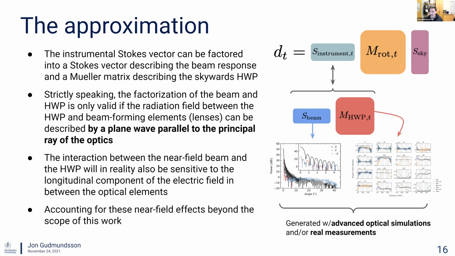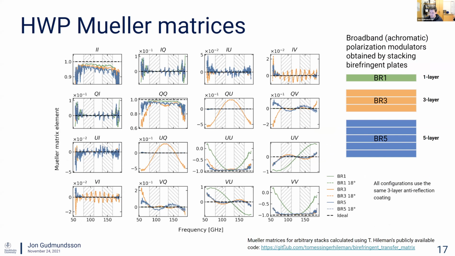And then the half-wave plate Mueller matrix elements are based on, and I say that here, although I didn't mention it in the talk, an open source Mueller matrix algorithm that basically you give it arbitrary stacks of birefringent crystals, where you input the crystal axes, the orientation of the crystal, and the index of refraction for the fast and slow axis, and the code will give you the Mueller matrix as a function of frequency and as a function of incidence angle of the plane wave.